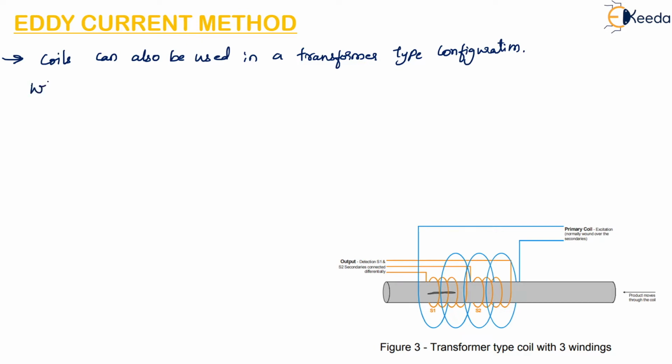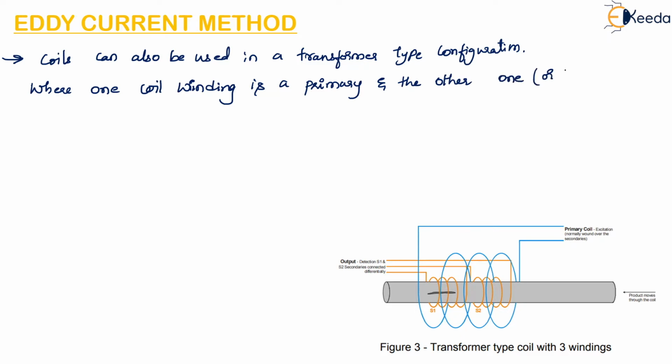So where one coil winding is a primary and the other, which are one or two coil windings, are used for the secondaries.